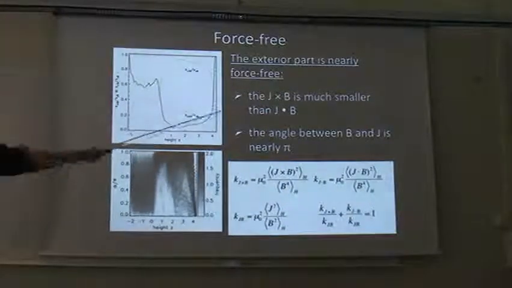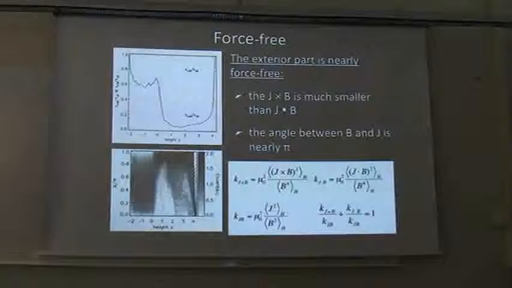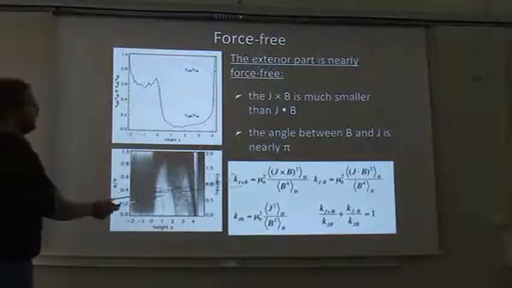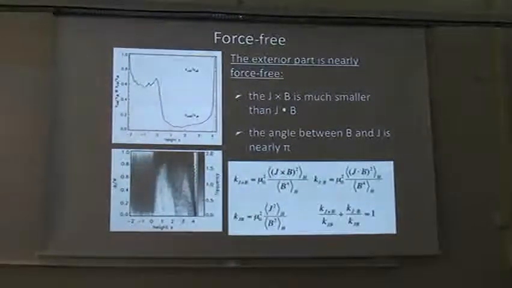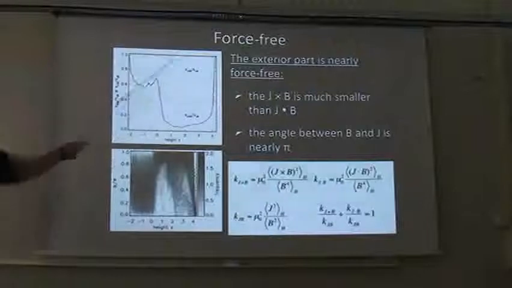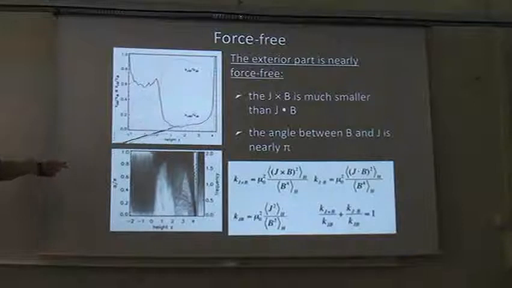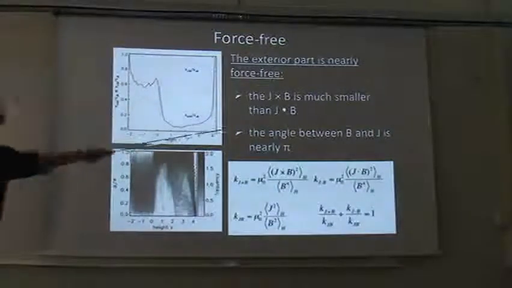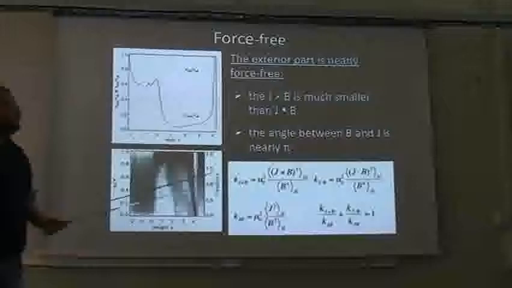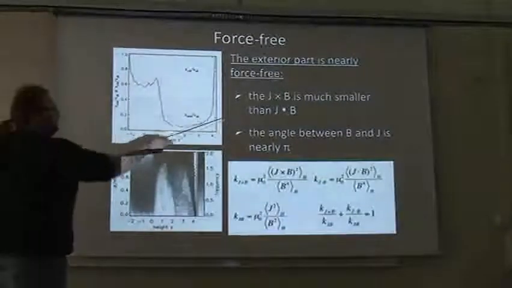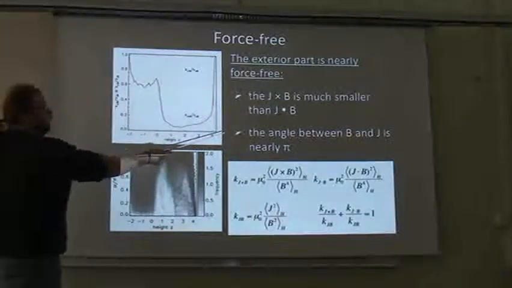I look at the current density and the magnetic field, and using this equation I determine if J is parallel or anti-parallel to B, or if J has a certain angle to B. Here I plotted the normalized value of J dot B and J cross B. When it's parallel, J cross B is 0 and J dot B is the maximum.